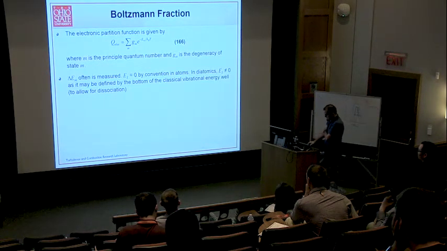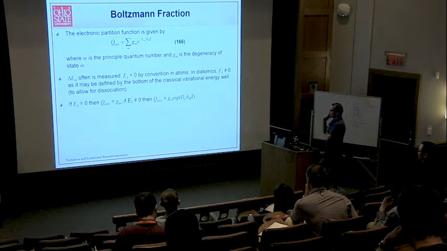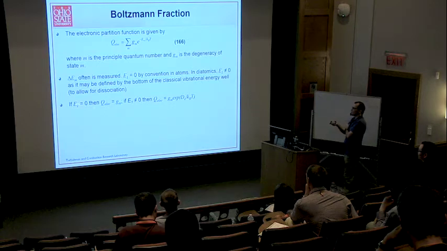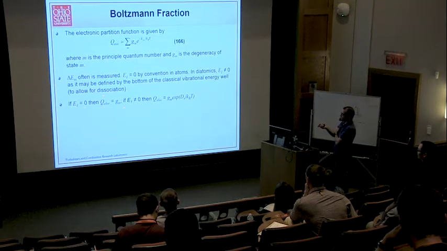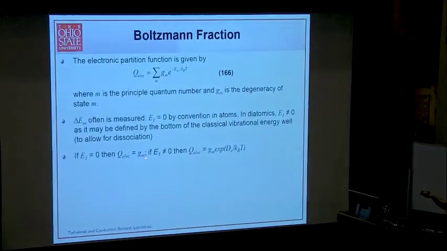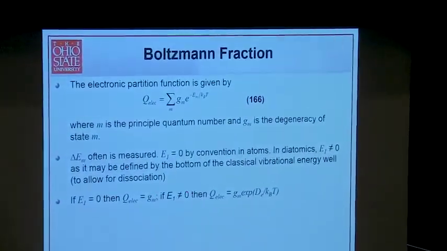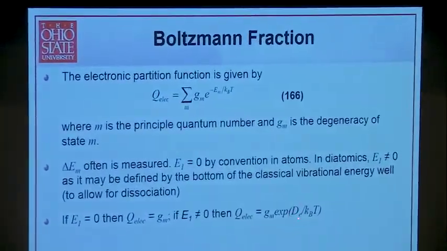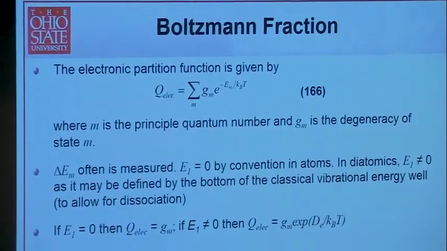This is kind of like an after-the-fact fix, if you will. So if E1 is equal to 0, then the partition function of the electronic state is just the degeneracy of state m. If it's not equal to 0, then it's an expression that contains the dissociation energy.